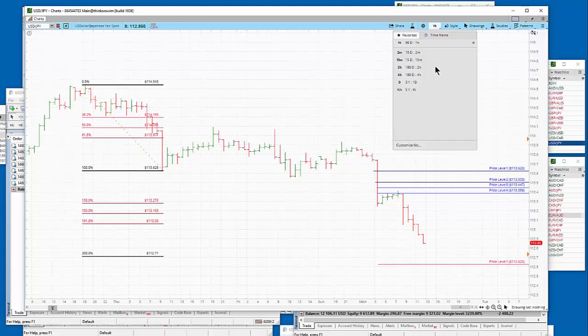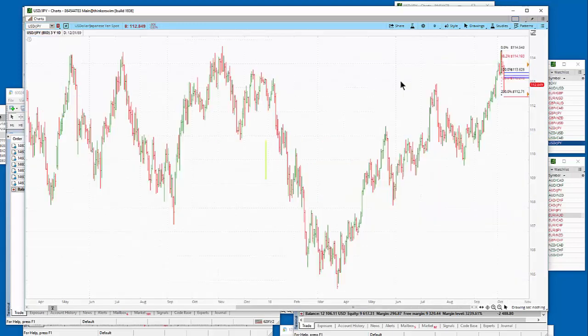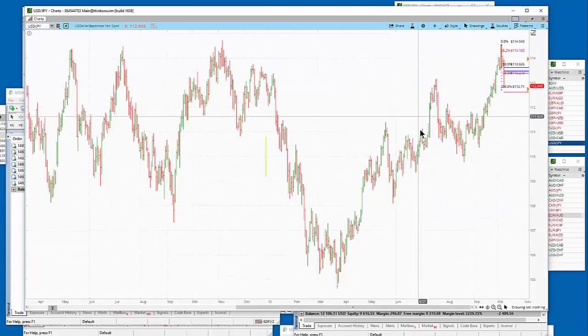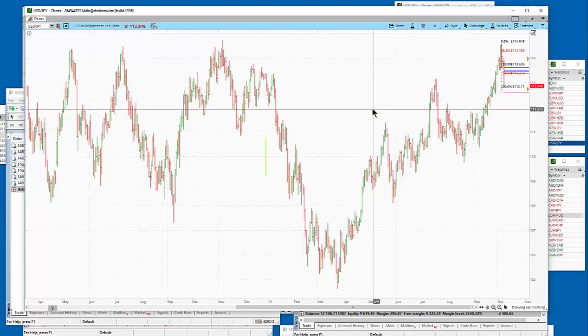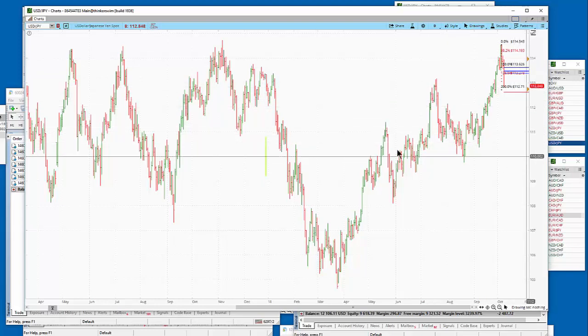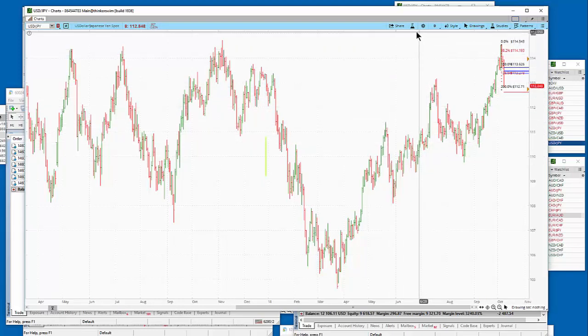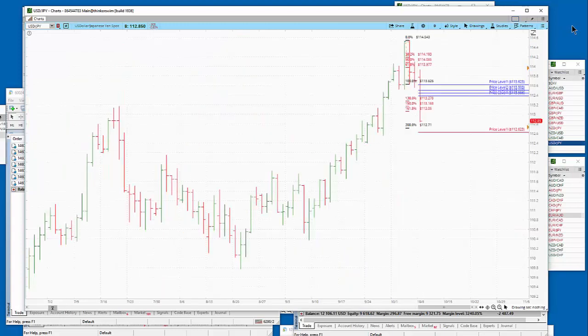But if we want to go to an even larger time frame, like a daily time frame, okay, when we look at the daily time frame, oh my gosh, we've been up and down and up and down and up and down. Who knows where this puppy's going, right? But if we wanted to get a more recent picture of what's going on, we'll leave those lines there and take the Fibonacci off the daily.